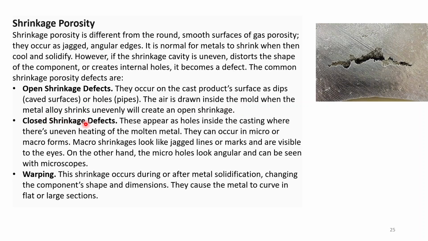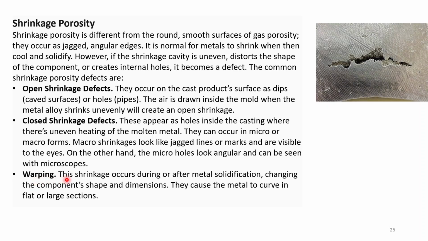In case of closed shrinkage, they appear as holes inside the casting where there is uneven heating of the molten metal, and they occur in micro or macro forms. Macro shrinkages look like jagged lines or marks and are visible to the eyes. On the other hand, micro holes look angular and can be seen with microscopes.